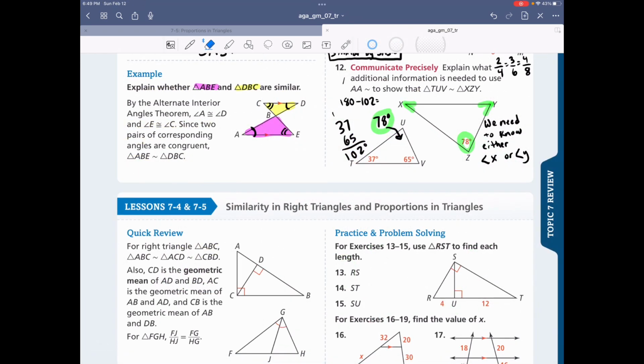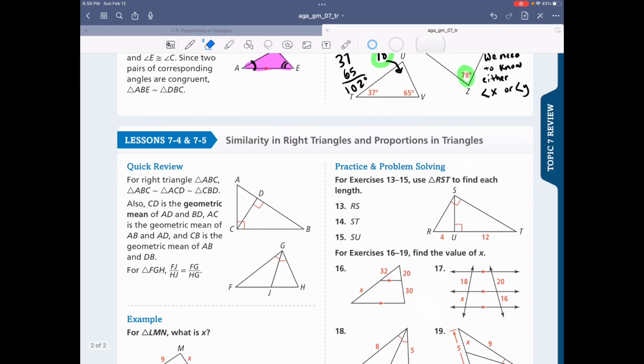For lesson 7-4 and 7-5, we looked at similarity in right triangles and proportions in triangles. For a quick review, for right triangle ABC, triangle ABC is similar to triangle ACD, and is similar to triangle CBD, which we cut out triangles to show that.